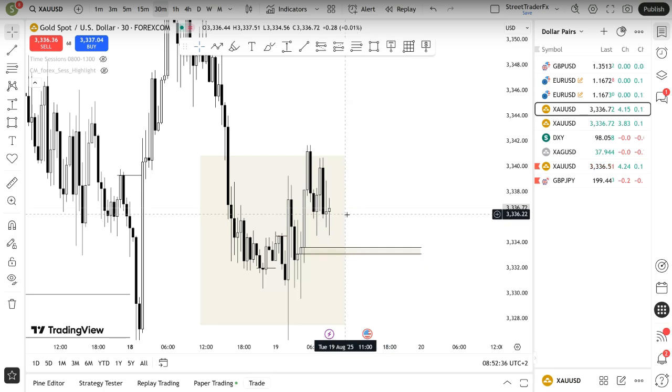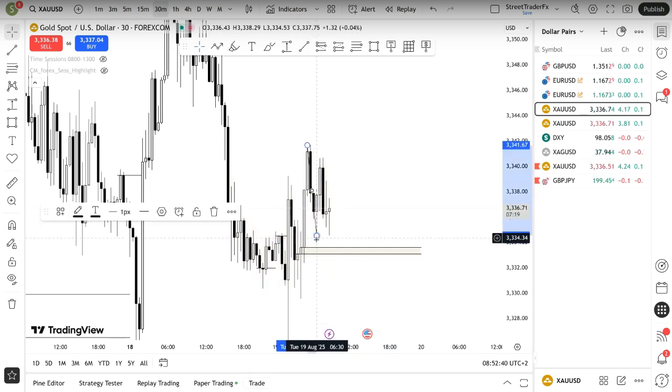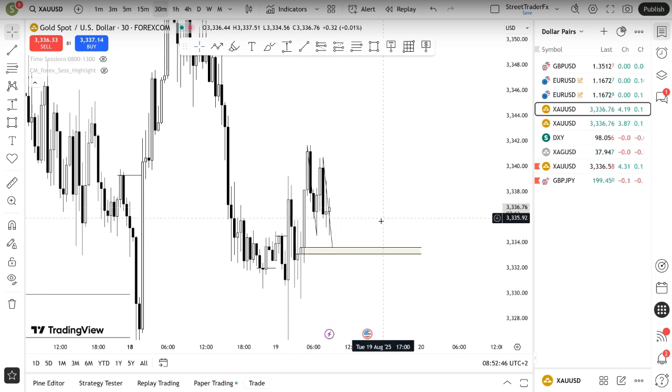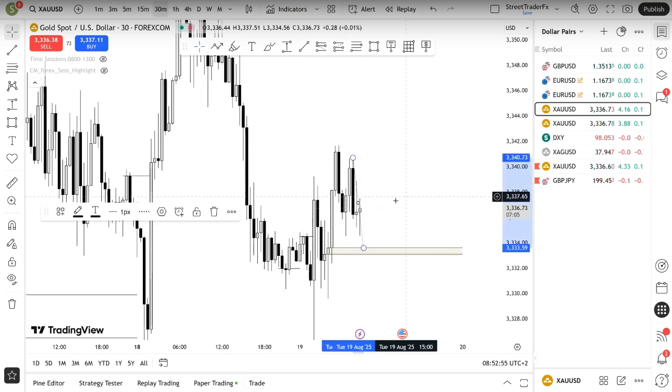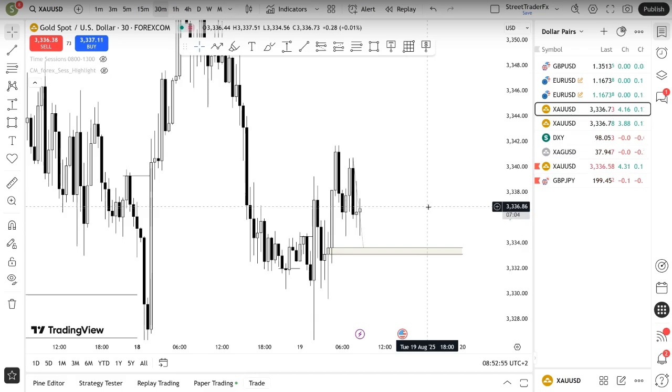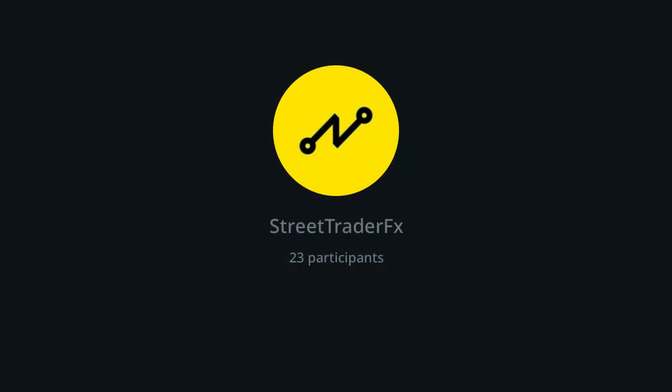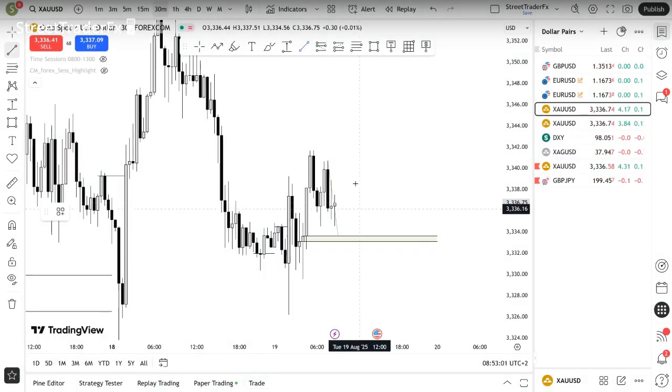So if we use the projections that we did, we will try and see where it lands. Roughly around this M30 area. But it doesn't mean that we're going to ignore the 1 hour, right?